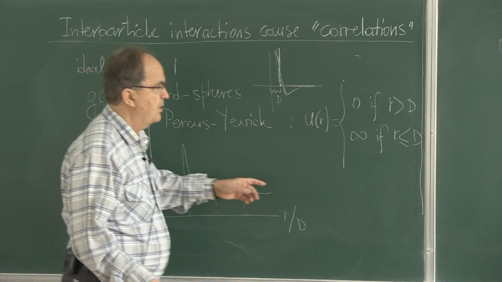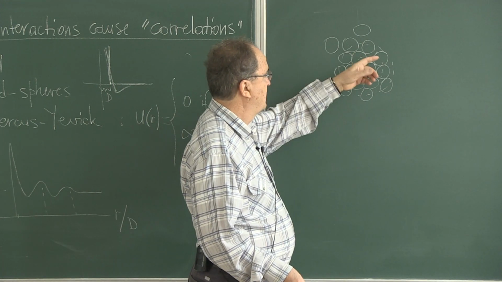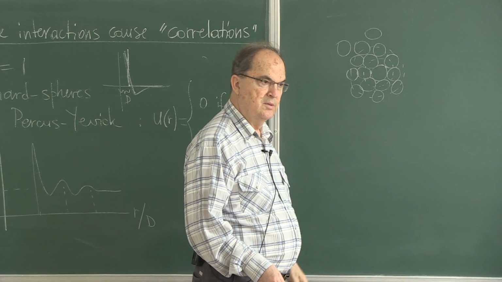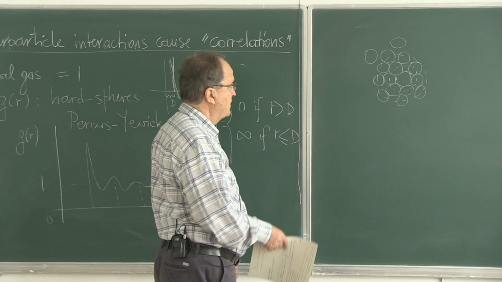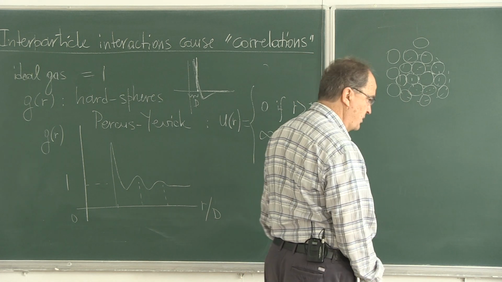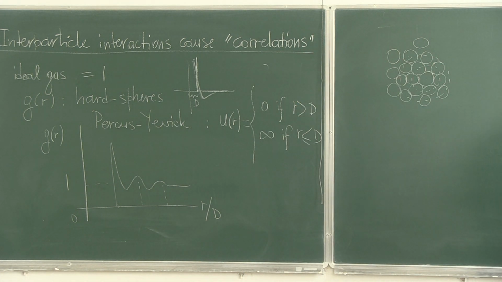You have another shell of atoms, but afterwards it's completely random. Atoms all over the place. So, short range order. You can check your book for a better picture. So, that's the way hard spheres are arranging themselves because of this interaction, infinite repulsion between them. They cannot go inside each other, so there's a correlation.